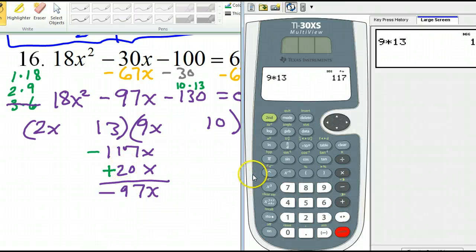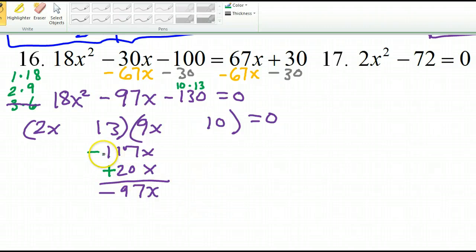Just in case you lack in imagination, if I had negative 117 plus 20, oh, would you look at that? Negative 97. Exactly what the doctor ordered. So negative here would make my negative 117.